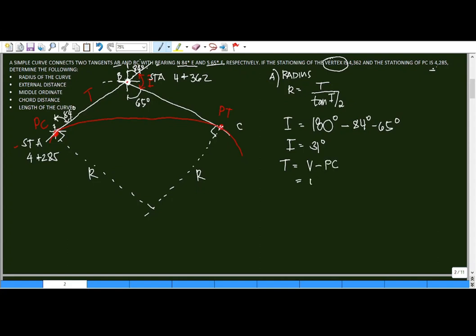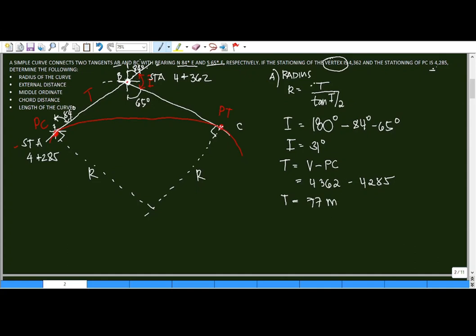So, that is 4,362 minus 4,285. So, my tangent line is equal to 77 meters.